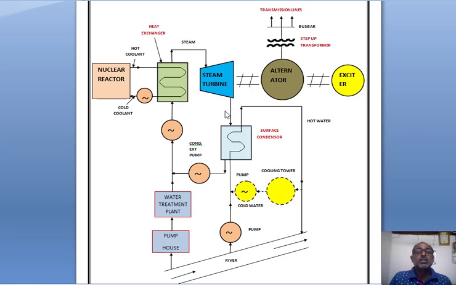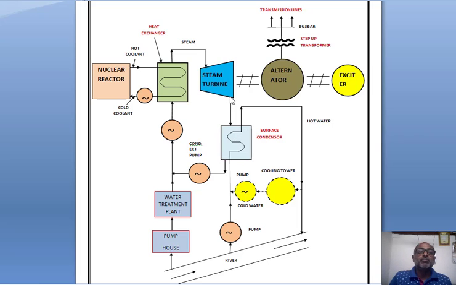Whatever steam comes out from the turbine after doing work is not let into the atmosphere. Here the steam that comes out from this turbine is let into the condenser. Here brass tubes are available in which cooling water is passing through this surface condenser.